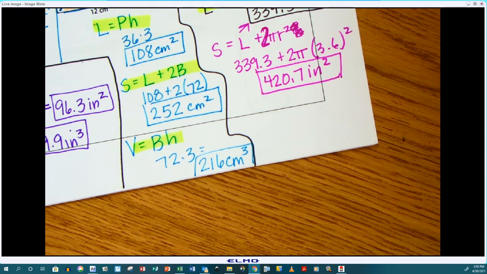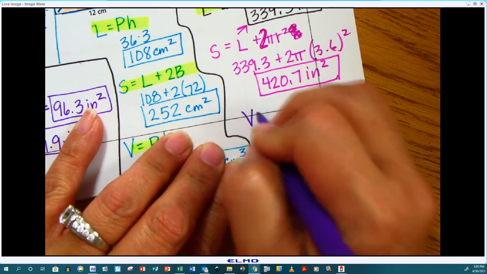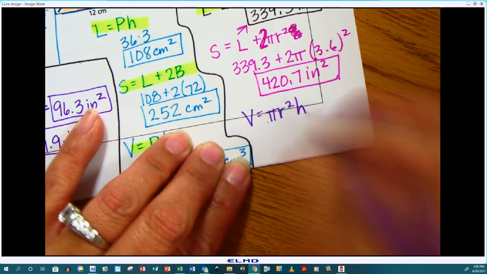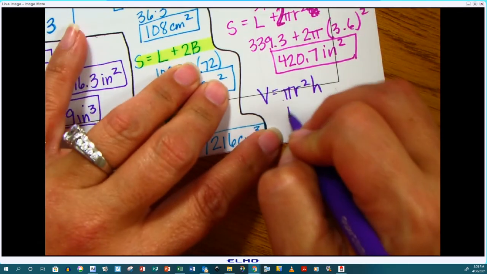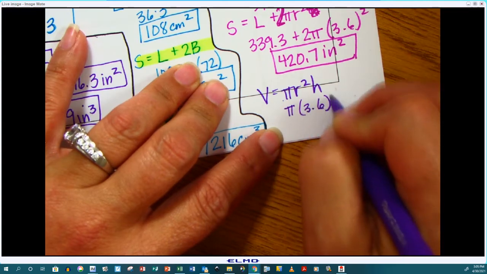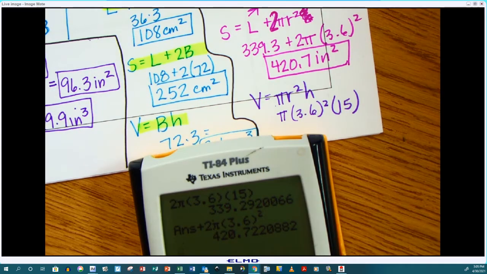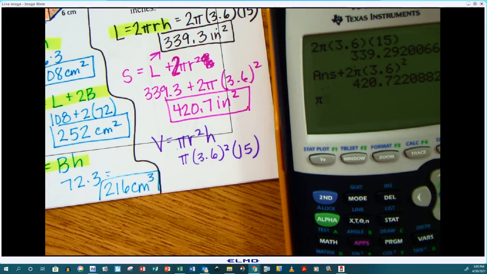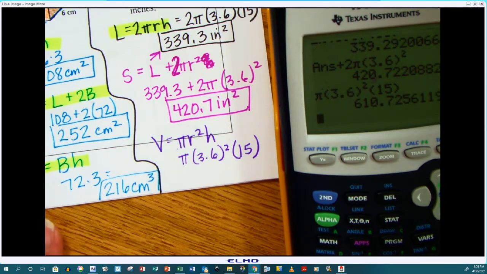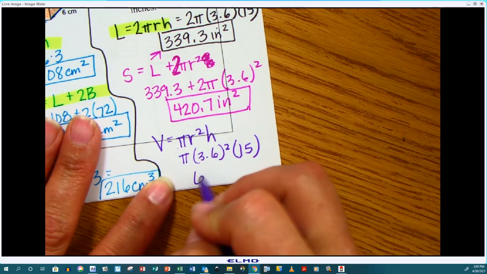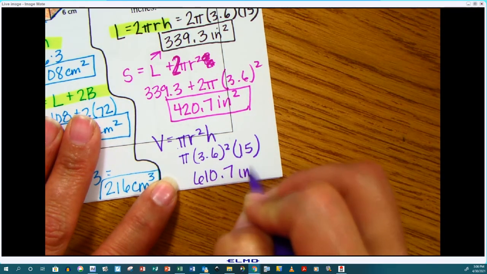And then our volume, pi r squared h. Just like it looks on my paper. 610.7 inches cubed.